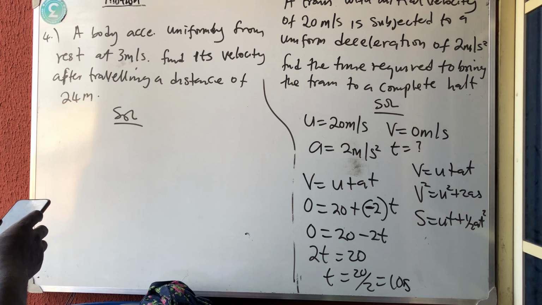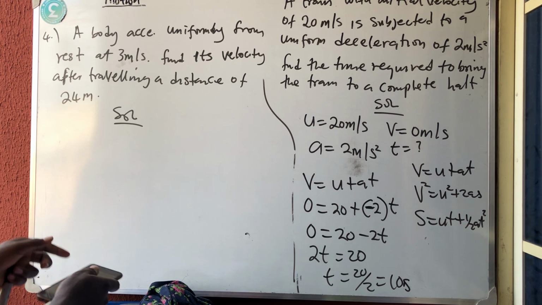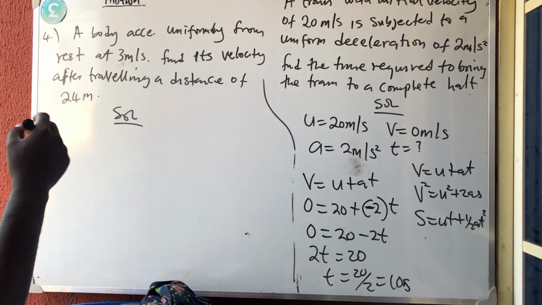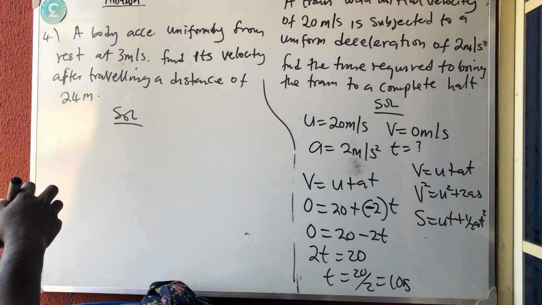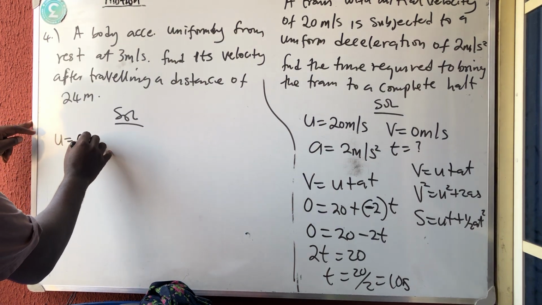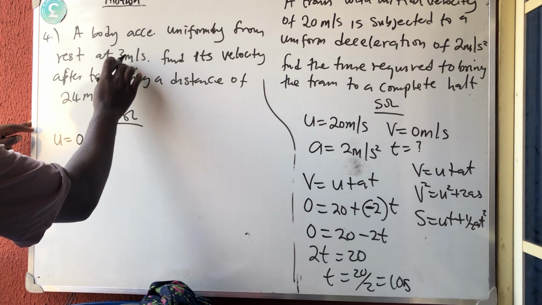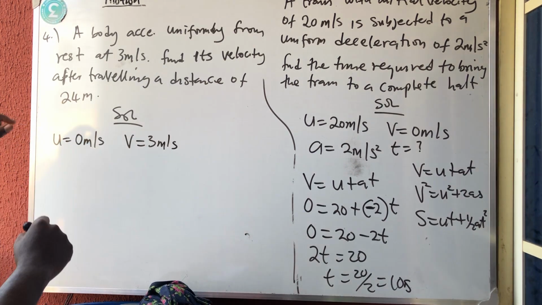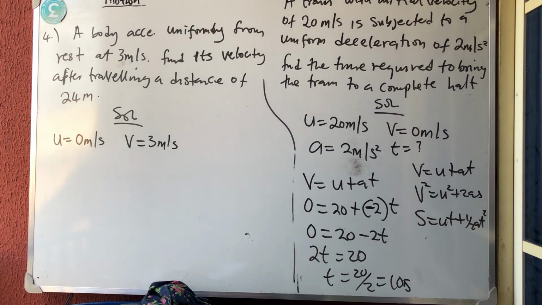A body accelerates uniformly from rest. Okay, so this started from rest, so u is equal to 0 meter per second. The final velocity here is what?